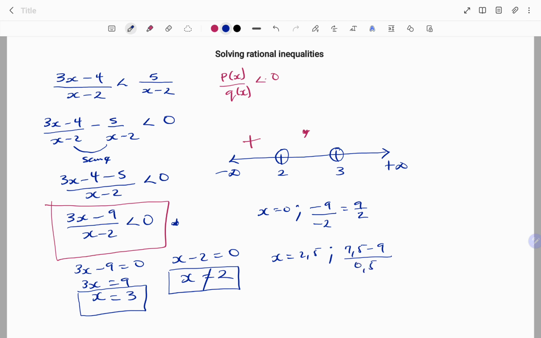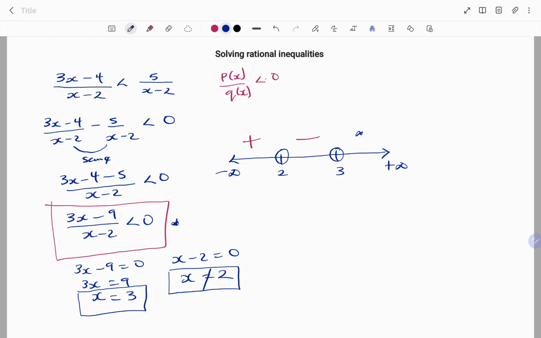I'm going to have a negative number. That is, my value is going to be less than 0. That's minus 1.5 over 0.5. That will give me a negative value. So therefore, for this region, I'm going to have a negative number.